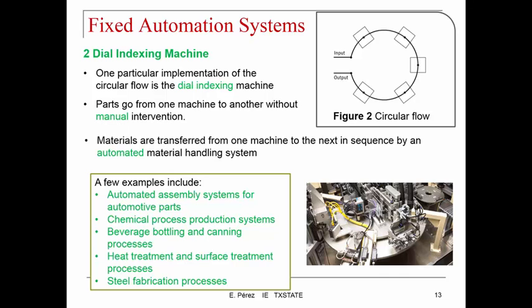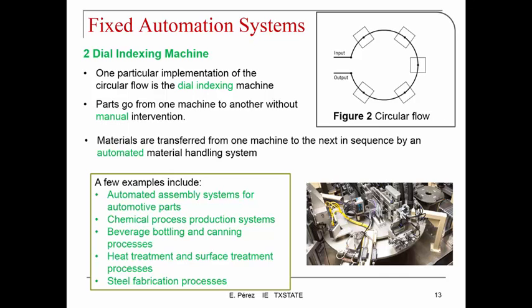An example of a circular flow is this dial indexing machine, and you can see that picture in which I show the circular flow. Essentially, what you have here is a plate that is going to move the item along the machines that are located on top of this plate.